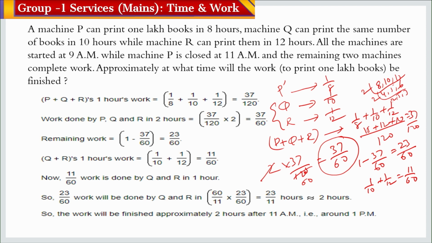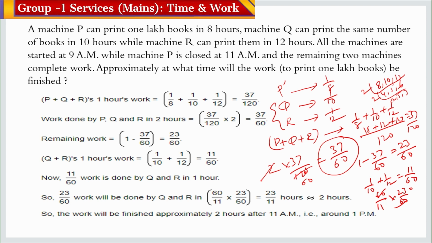So 11 by 60 work is done by Q and R in 1 hour. 23 by 60 work is done by Q and R in how many hours? So totally 60 by 11 into 23 by 60, that is approximately 23 by 11.